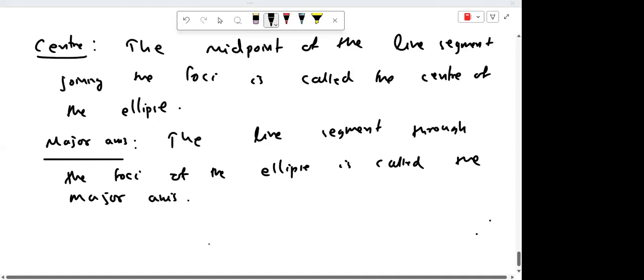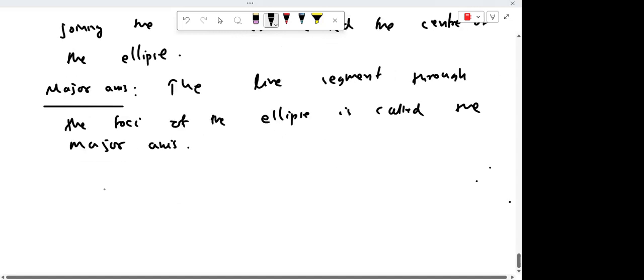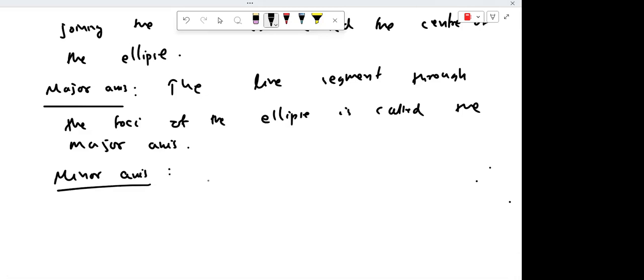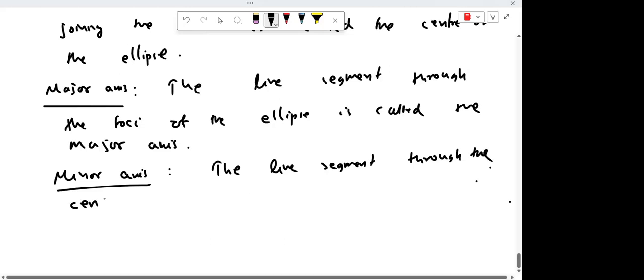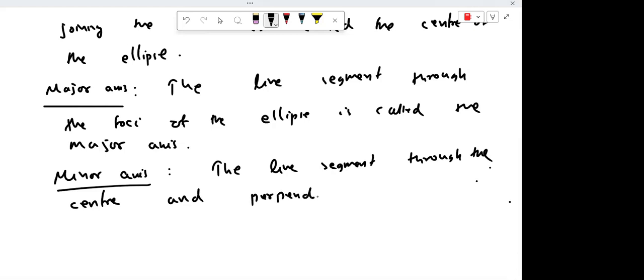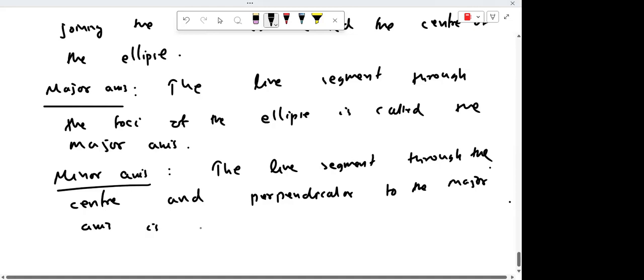Done? Yes. Okay. Minor axis. The line segment through the center and perpendicular to the major axis is called the minor axis.